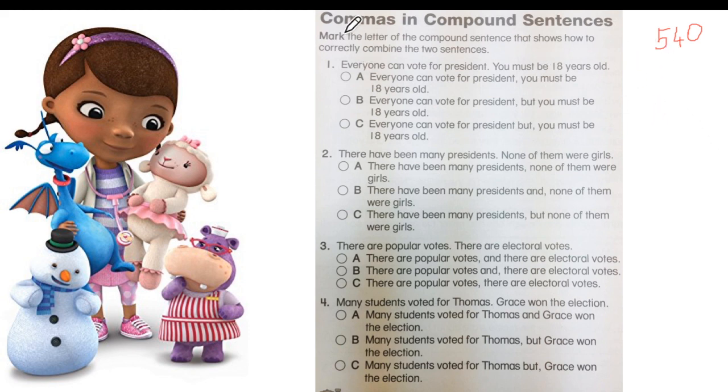Let's go. Mark the letter of the compound sentence that shows how to correctly combine the two sentences. Everyone can vote for president. You must be 18 years old. Which one is correct? A, everyone can vote for president, comma, you must be 18 years old.